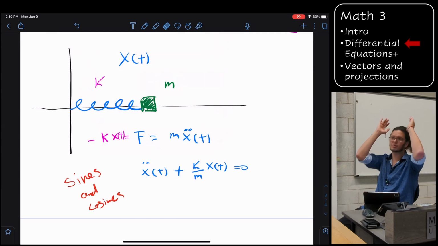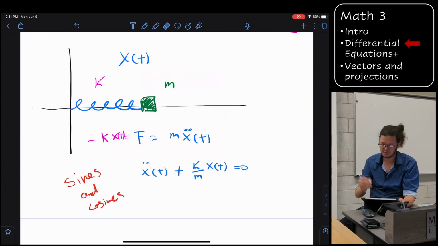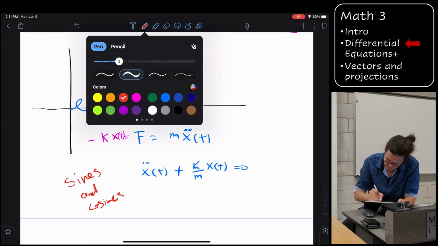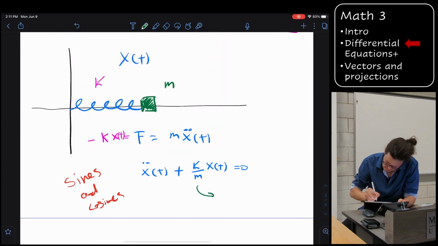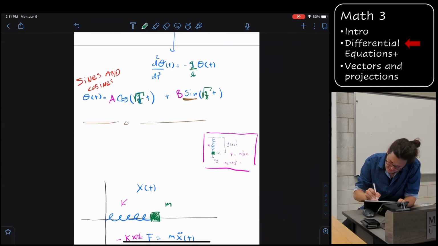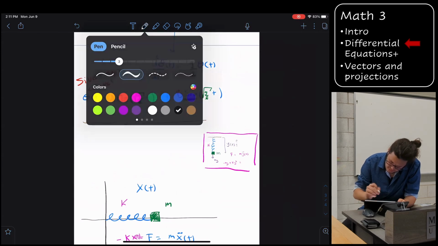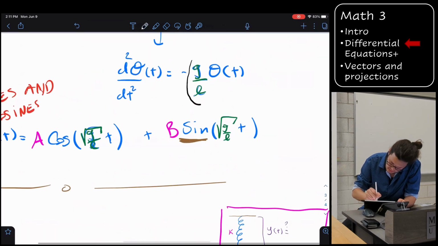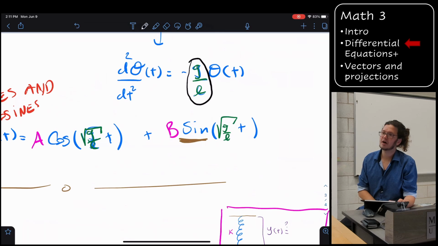And you know how to write the equation. I'm not going to write the solution. It's sines and cosines with a frequency that is going to be the square root of this number. So you see, in the pendulum, it was this ratio that controlled how fast the pendulum was oscillating.